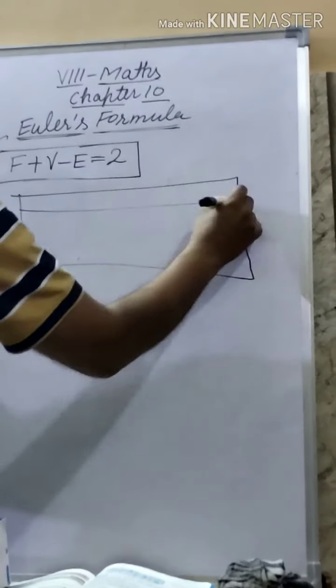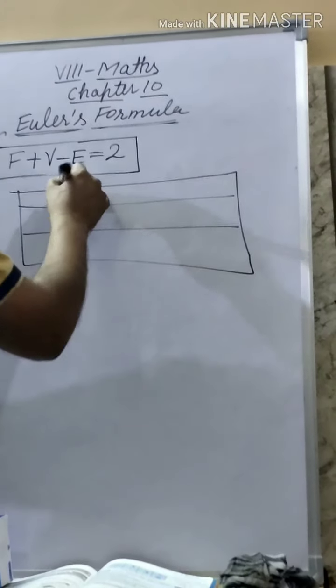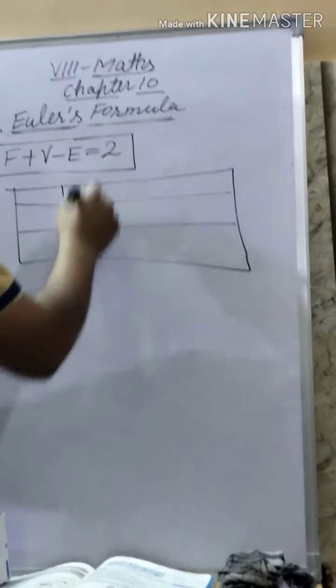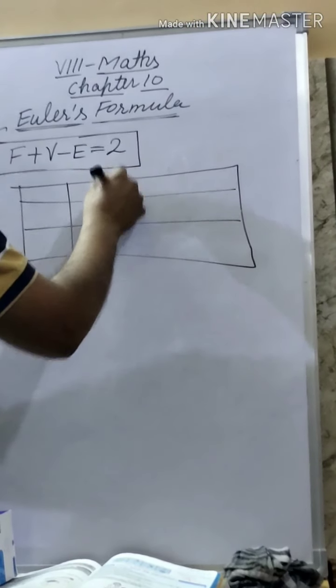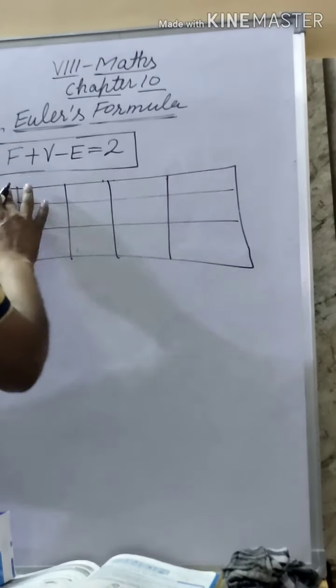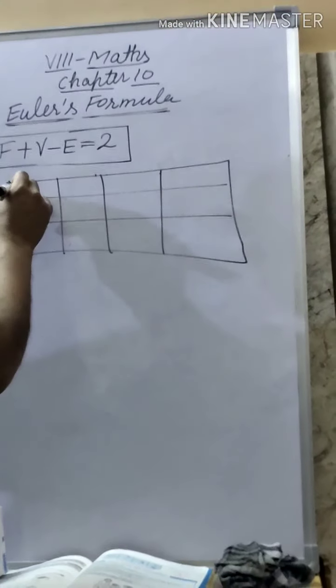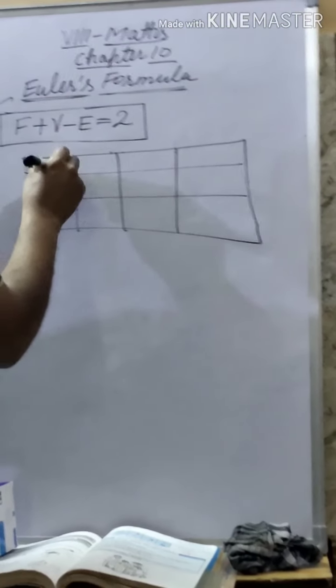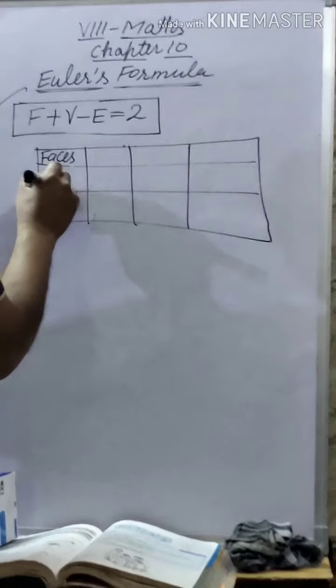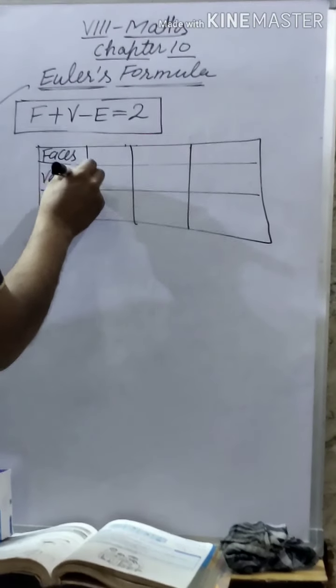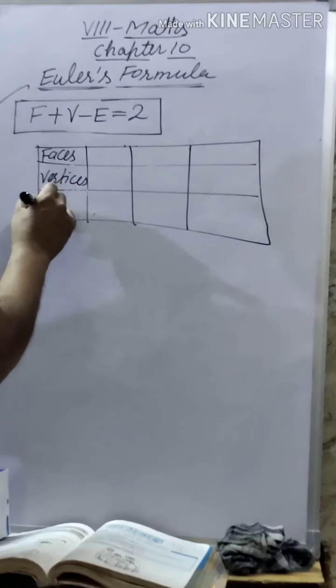Just see what is given here: faces, vertices, edges.